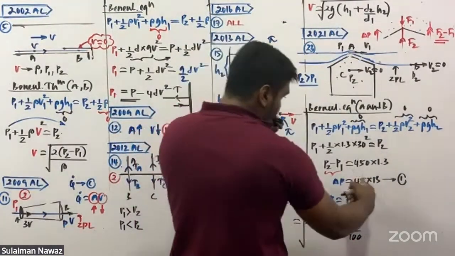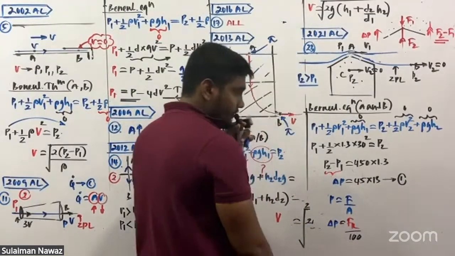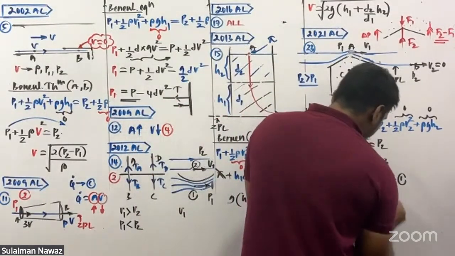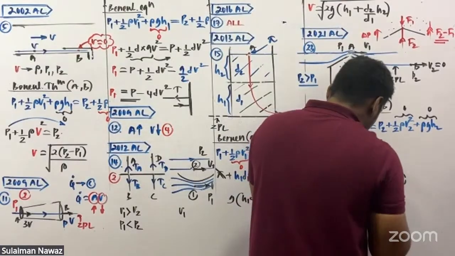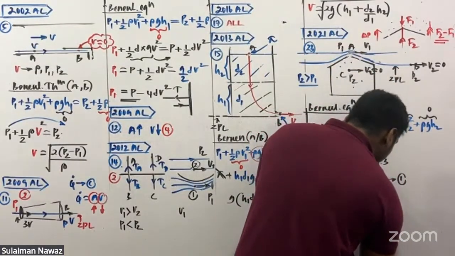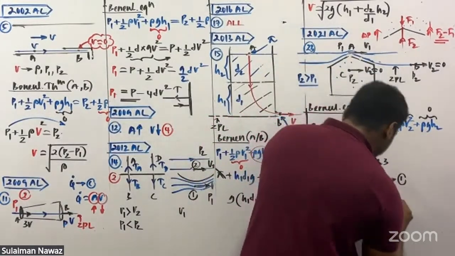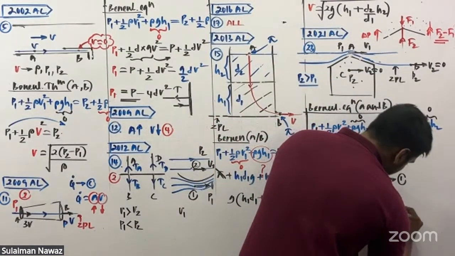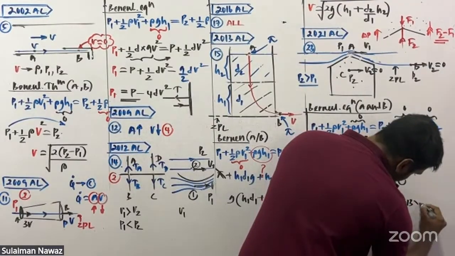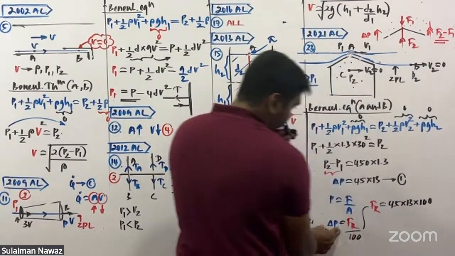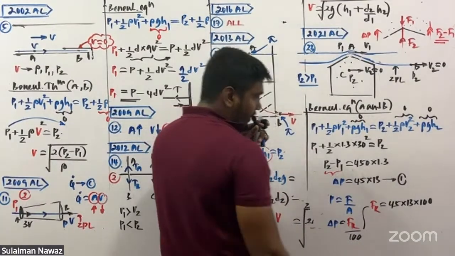Delta P we know from equation 1, 45 into 13. So finally FR is how much? The lifting force, the resultant pressure force acting on the roof, is going to be equal to delta P, 45 into 13, into 100. Then what is the answer?